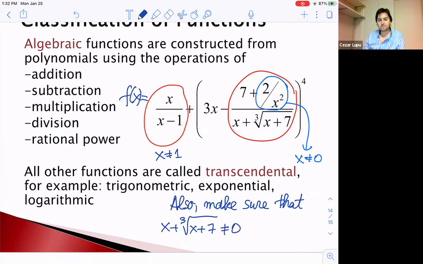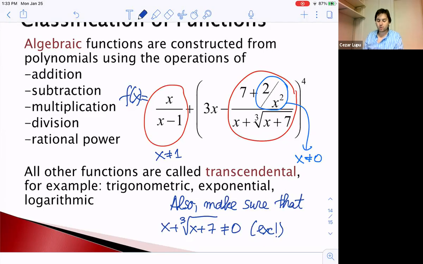So is this different than 0 for all x? What do you think? Well, we have to see for which value this is 0, right? I'll leave this to you as an exercise. You raise everything to the power 3, and then you do some calculations.